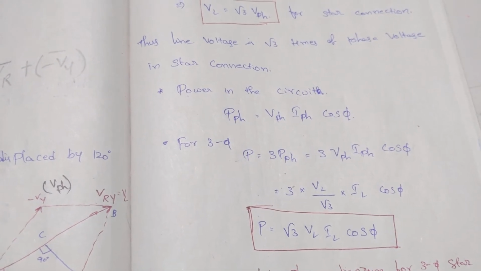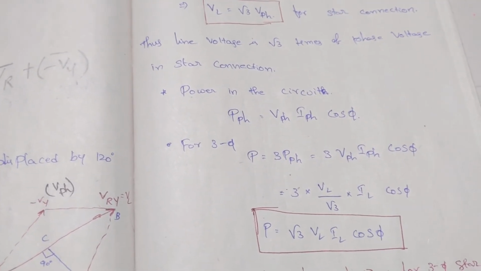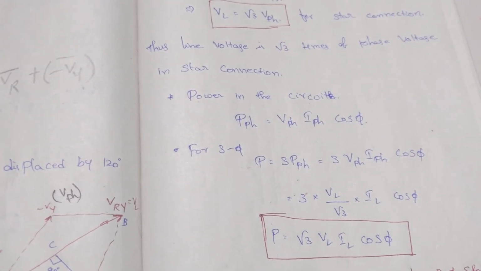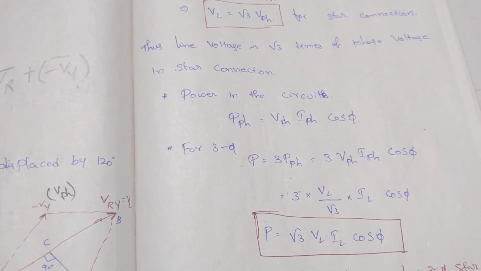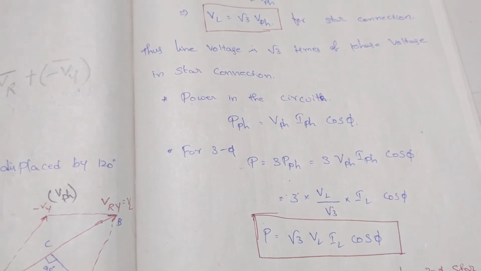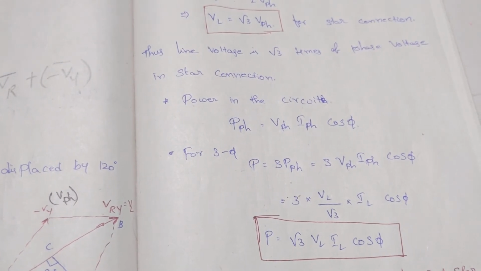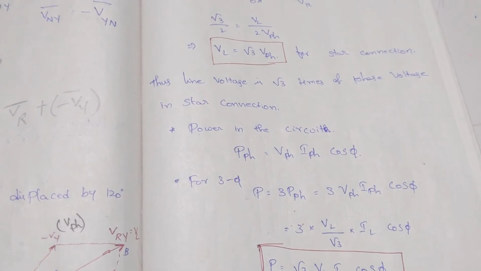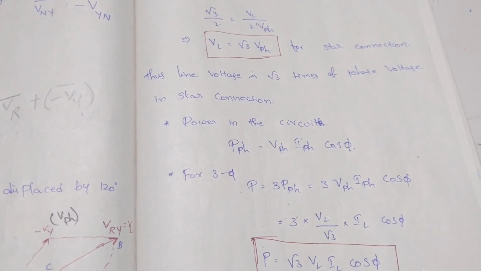Now I am considering only single phase, but we require it for 3 phases. For 3 phase, each phase individually has its power. So power in the circuit is nothing but 3 phase power, so 3 into V phase into I phase cos phi. We have the relation between phase and line quantities. V phase equals VL divided by root 3, and phase current and line current are equal, so it will be IL.